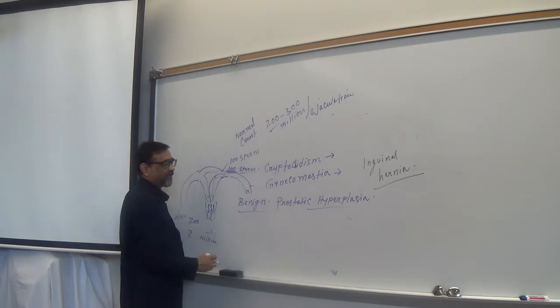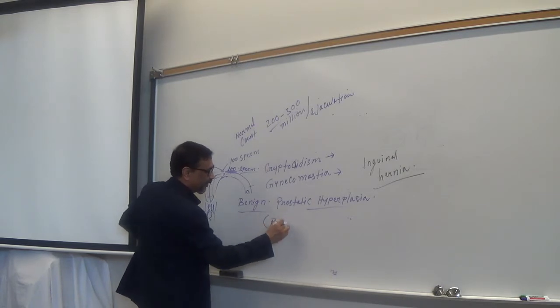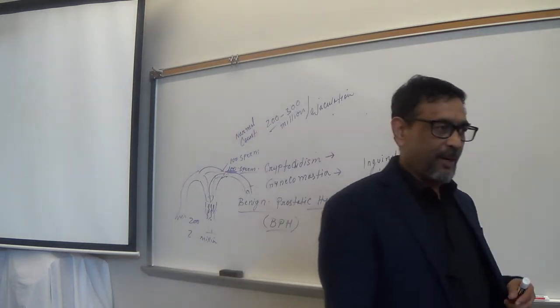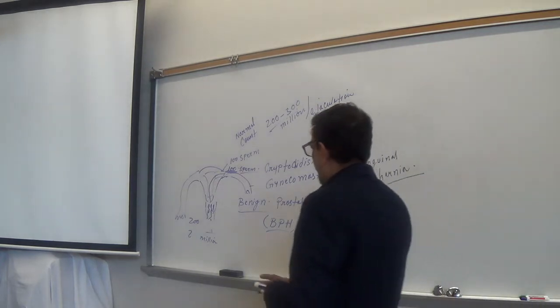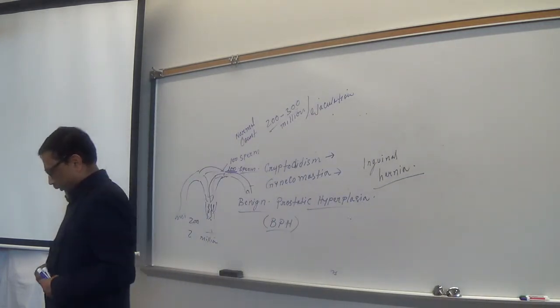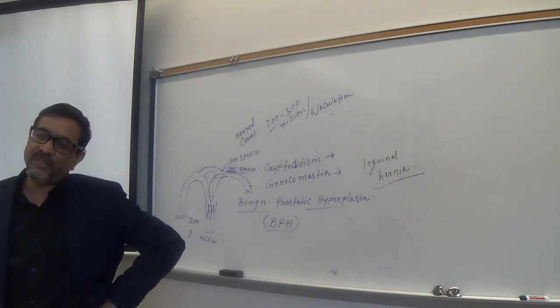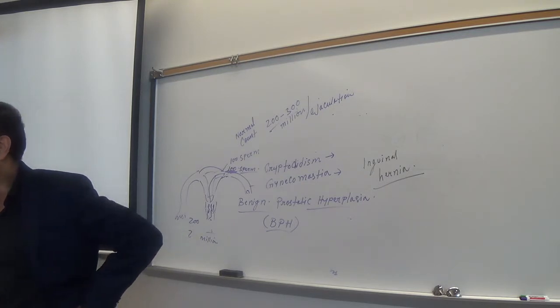Benign prostatic hyperplasia, or BPH. BPH, benign prostatic hyperplasia. Enlargement of the prostate. And the actual cause is unknown, but age is a main factor; it happens more in older people, okay?